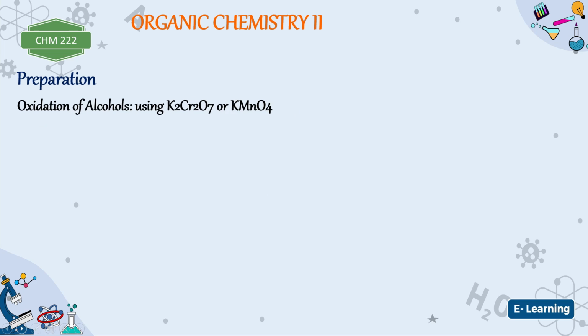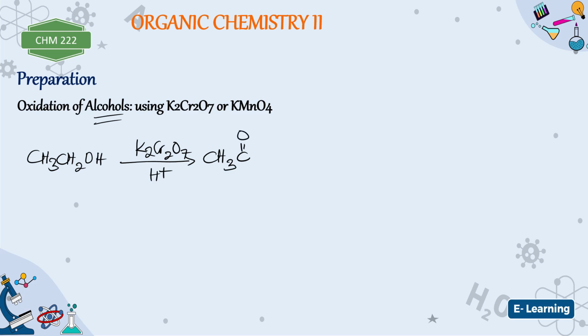Exactly. Now from alcohol, same thing from aldehyde. From what I taught you earlier, using any of these oxidizing agents, you can get to what? You can get to aldehyde. Can you remember? And then from aldehyde, oxidize it again, you will get to what?